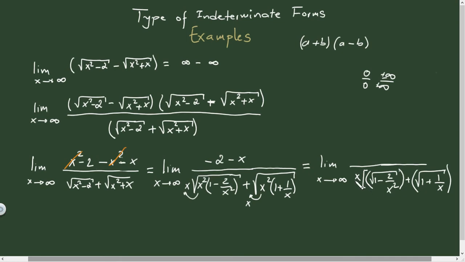If I plug x back in there, it's going to be x to the power 2 here, minus 2, and x to the power of 2 here, plus x. This is the same thing. So in the numerator I have x times (minus 2 over x, minus 1).